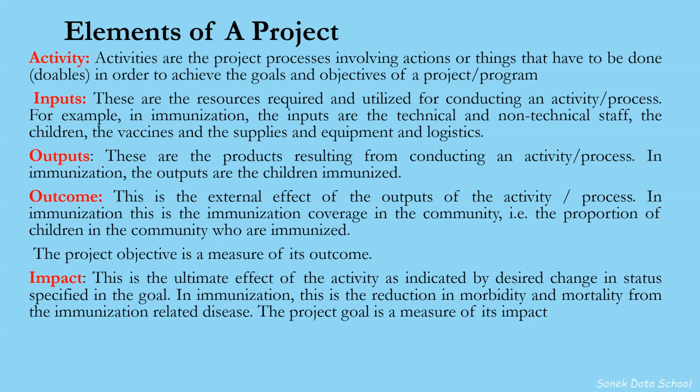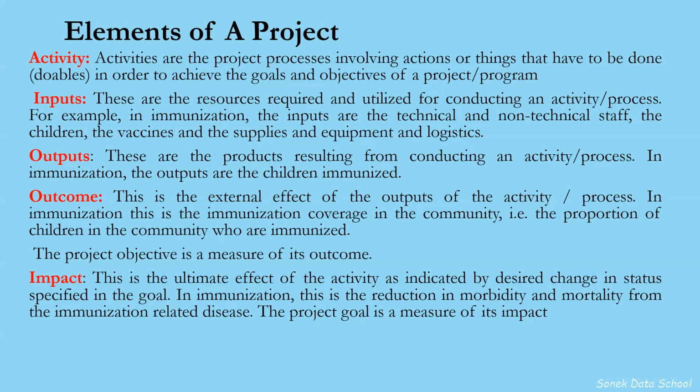For example, we can have the output of children immunized. So it comes from an activity of immunization. Then outcome is the external effect of the outputs of the activity or processes. In immunization, this is the immunization coverage.